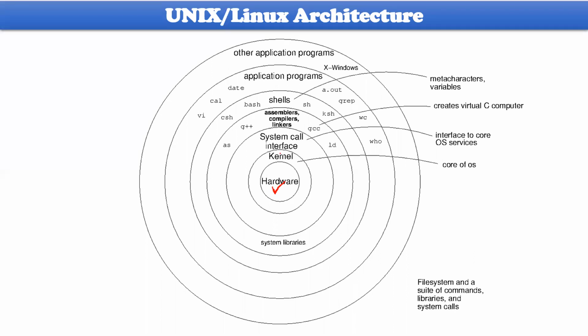In Unix, hardware is the innermost layer, followed by the kernel, then the system call interface, then assemblers, compilers or linkers, then shells. Here the user will be available at this place. Let me explain each of these in the coming slides.